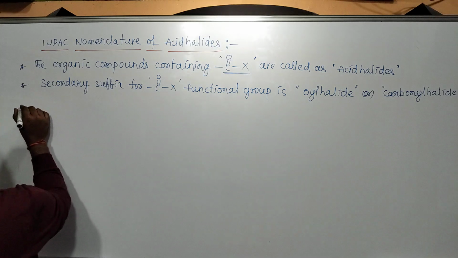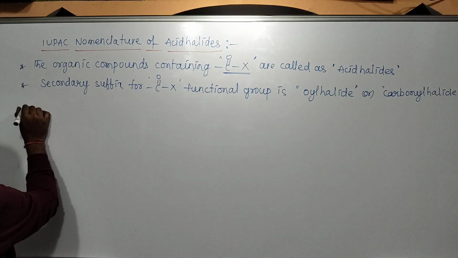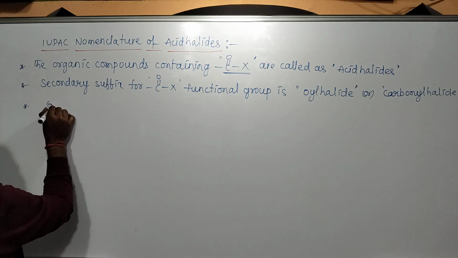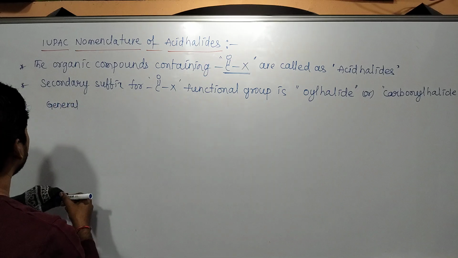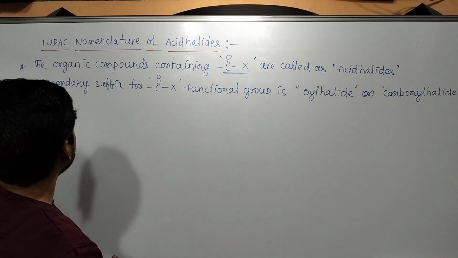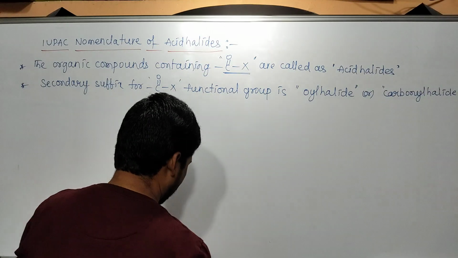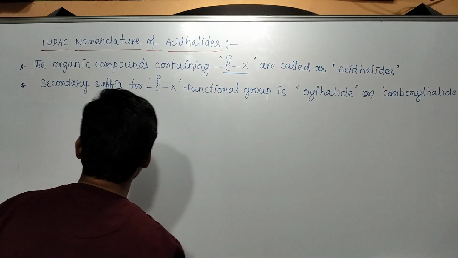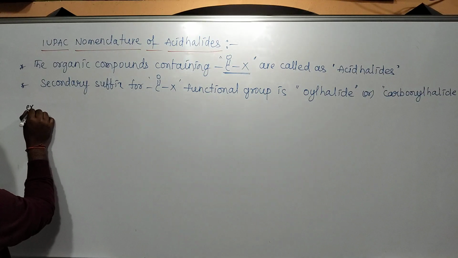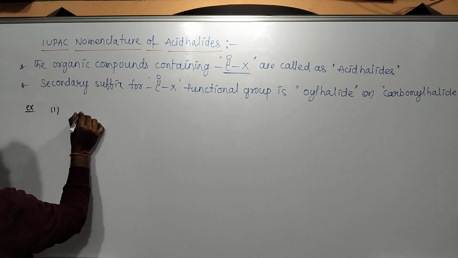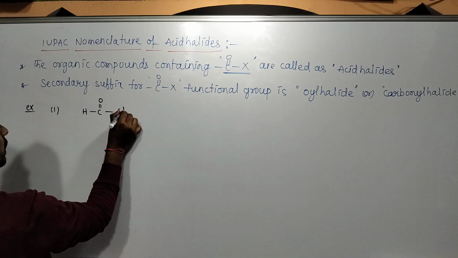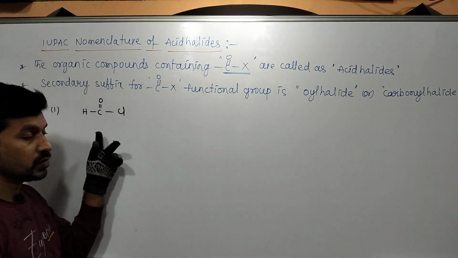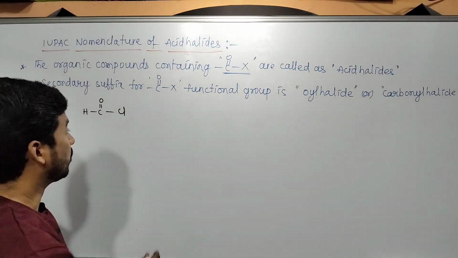Next. The general IUPAC name is as above, no need to write all these points every time. This is okay. I am going to give some examples. First one, HC double bond O Cl. Count the number of carbon atoms here. Only one carbon atom.